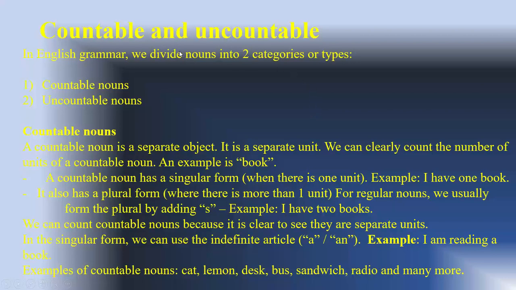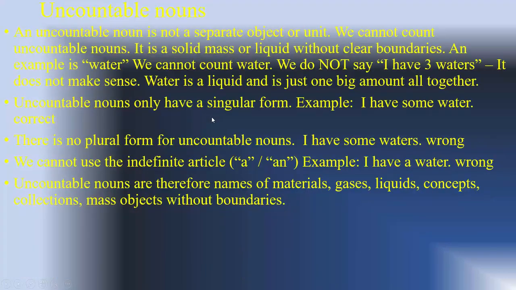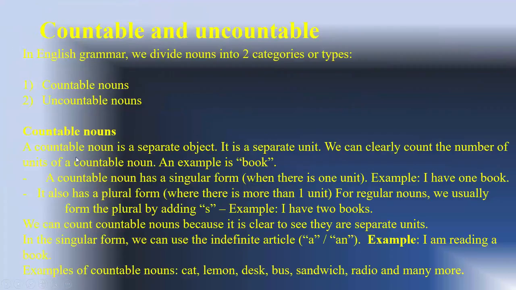Countable and uncountable nouns. In grammar, we divide nouns into two categories or types: countable nouns and uncountable nouns. A countable noun is a separate object, a separate unit. We can clearly count the number of units of a countable noun. Example, book.